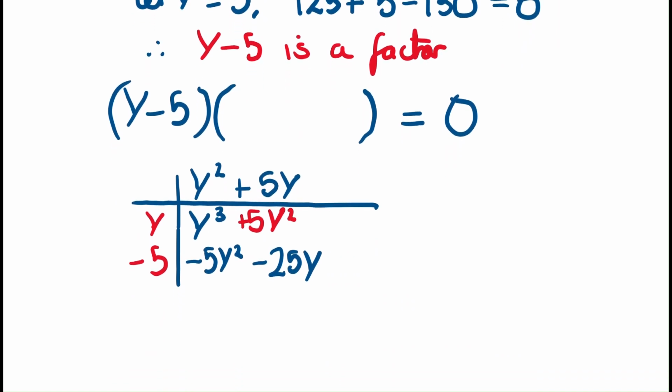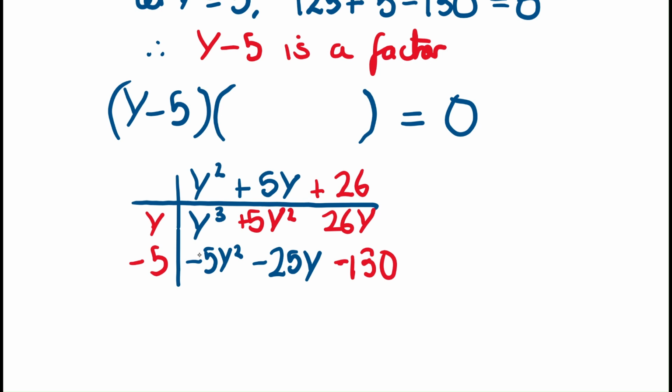So, since we already have minus 25y here, we need to add 26y onto this to get plus 1y. And we do this by multiplying y by 26. So we get 26 times by y, which is just 26y. And since we have to multiply by minus 5 as well, we also get minus 130.